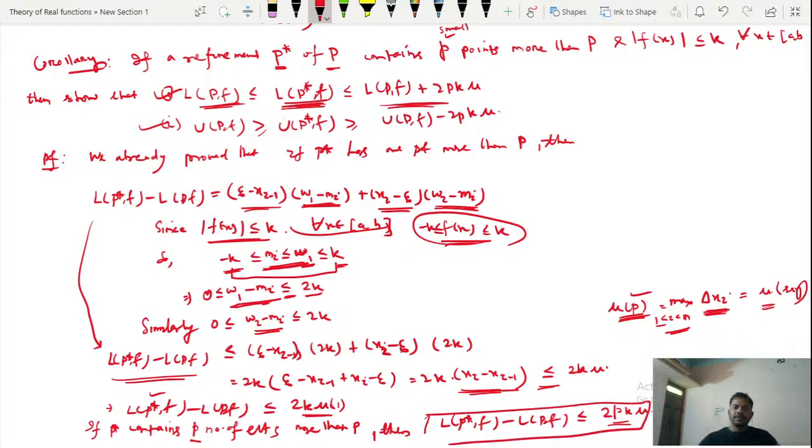And similarly, this one: L P star f is less than or equal to LPF plus 2 p k mu.